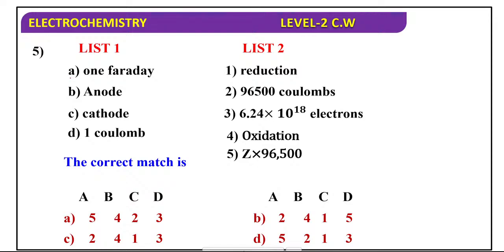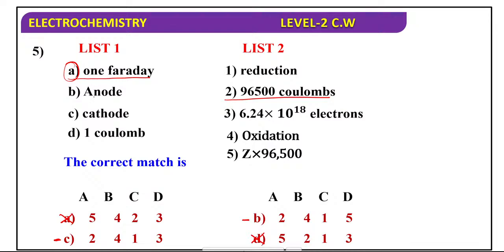So see, 1 Faraday. So tell me, 1 Faraday is equivalent to, yes, so A has second option, and B and C. So A and D options we can reject.